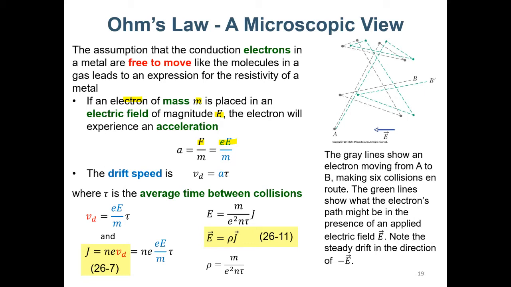So here we have drift speed is a tau. So we assume that the electron is initially stationary, and then it has an acceleration, so that we accelerate it for time tau.